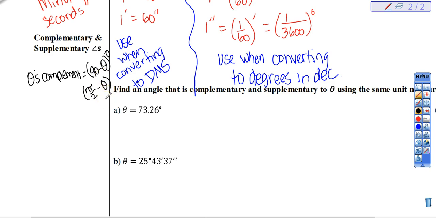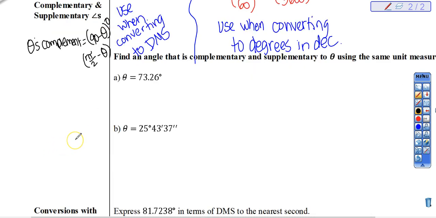Depends on what I'm given, which of the two formulas I will choose. And if I'm looking for theta's supplement, I will do 180 minus theta degrees, or pi minus theta radians.